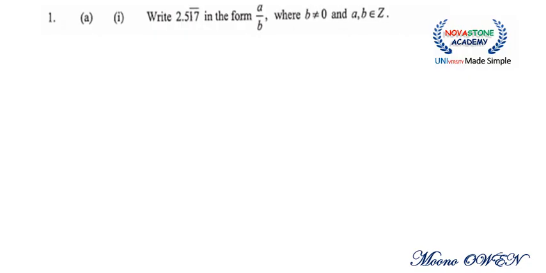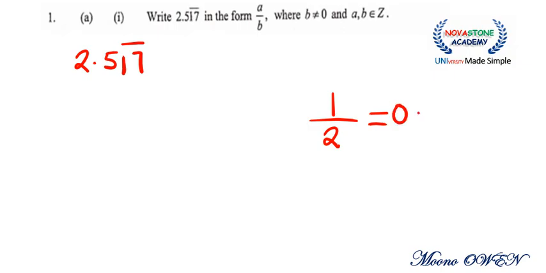Now we have 2.517 and 17 is repeating. You know that rational numbers are numbers that can be expressed in the form a over b. For example, if I get 1 over 2 and I divide, I'm just going to get 0.5.